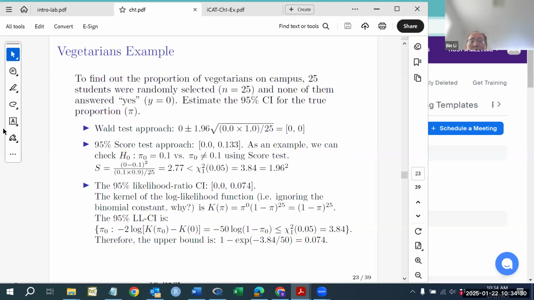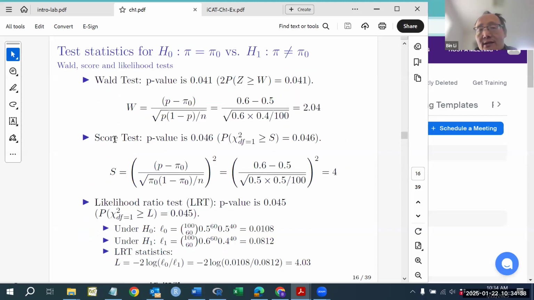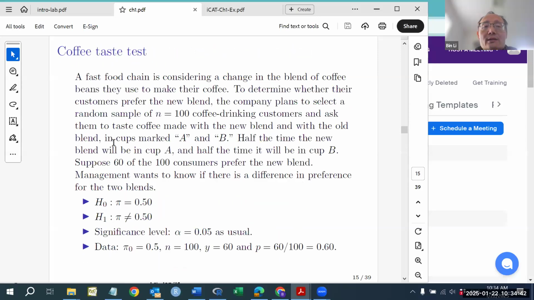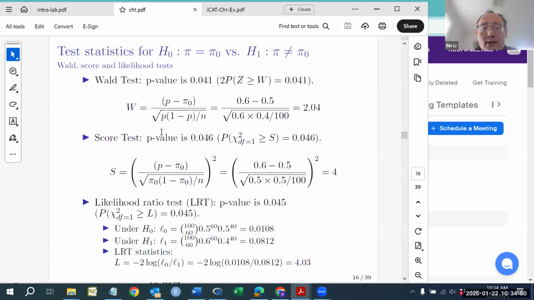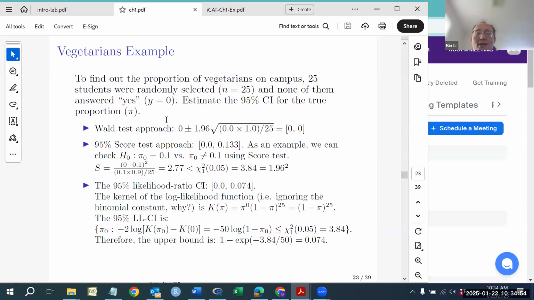Okay, and we talked about hypothesis testing and the confidence interval through a coffee taste data set. Remember, we have n equal to 100 and 60 out of 100 prefer the new blend. Now let's see another example. This is the vegetarian example.